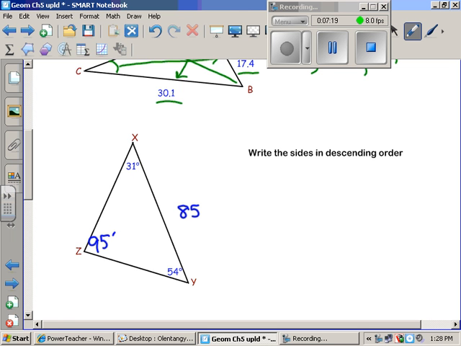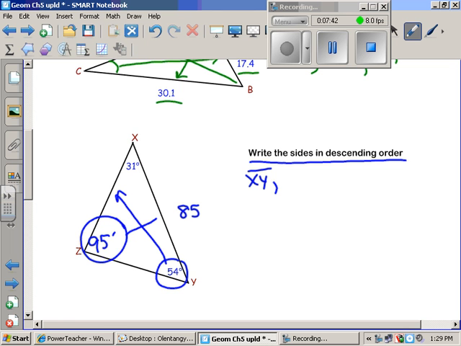And so, I'm supposed to write these in descending order, so I'm going to go largest to smallest. The largest side is going to be across from the largest angle. Well, this is the largest angle, so the longest side would be XY. Okay? The second largest angle is here, so it's across from ZX.